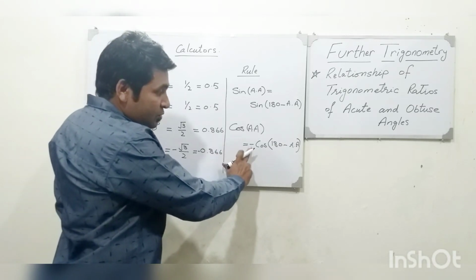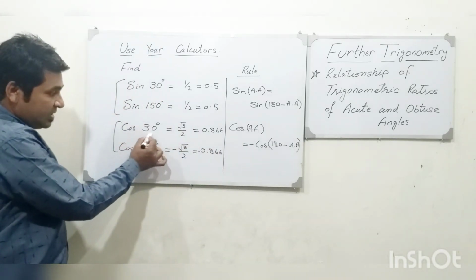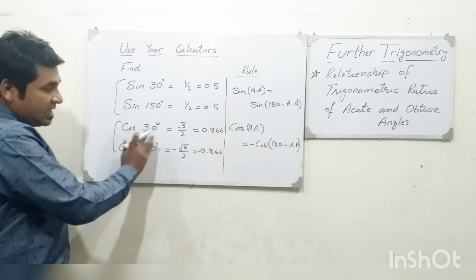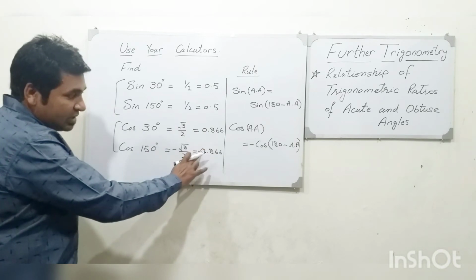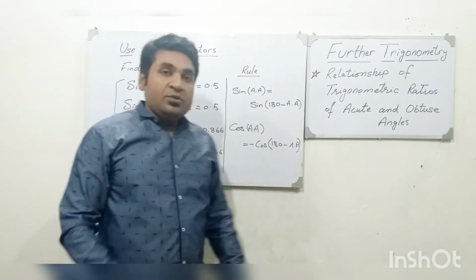So through the example you have seen that 30 degrees, when subtracted from 180, gives 150, and we get the same value but with a negative sign. I hope you have understood this.